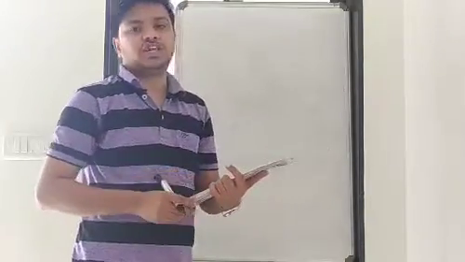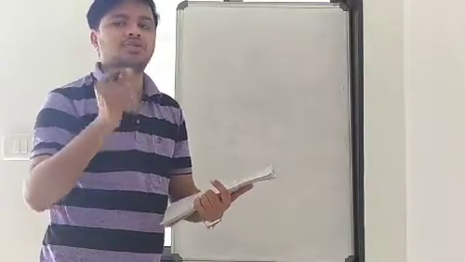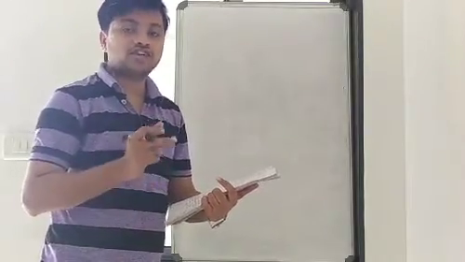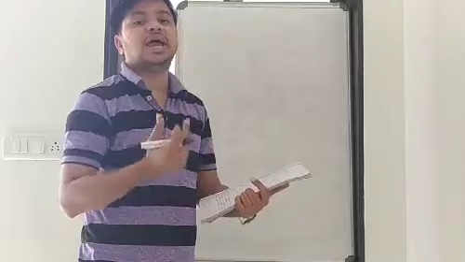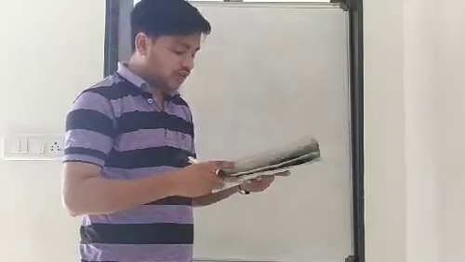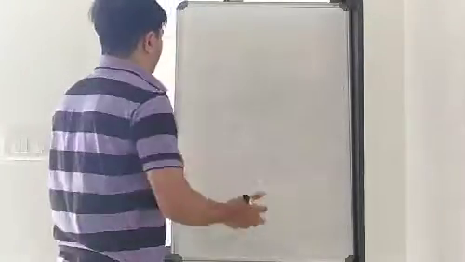We have been given this type of question, so first, which data do we have to take out? The first data is which type of mirror it is. So first of all, the type of mirror is convex mirror.